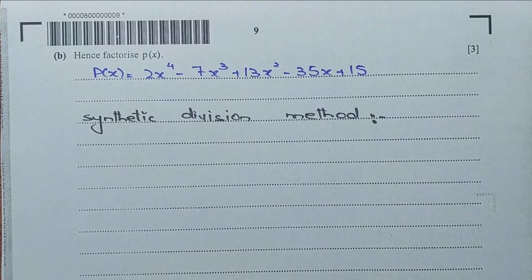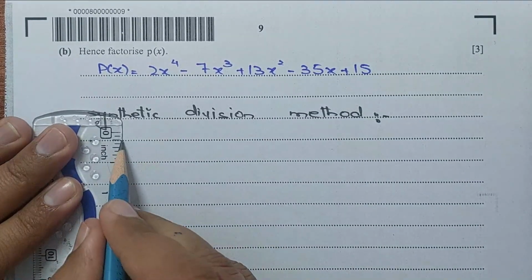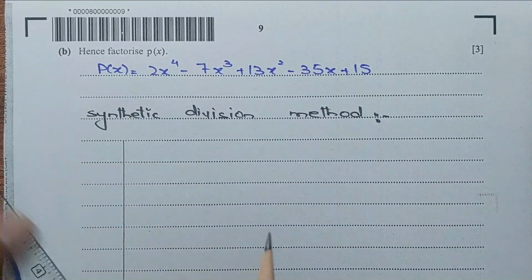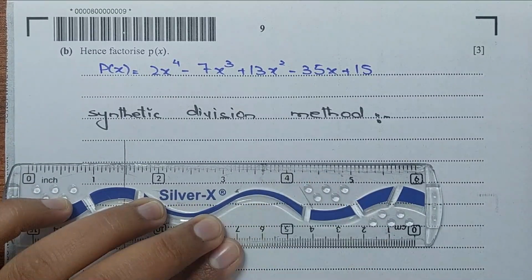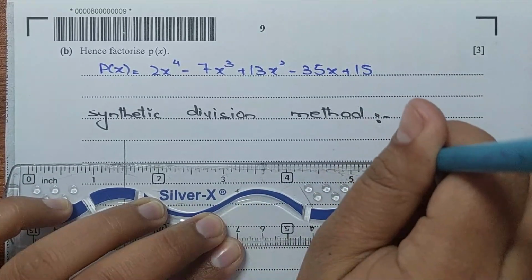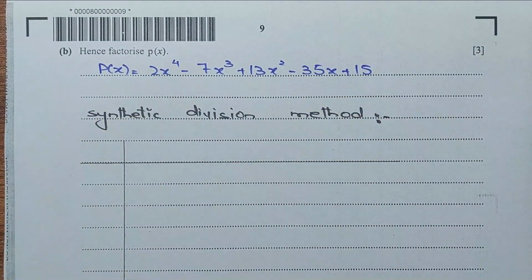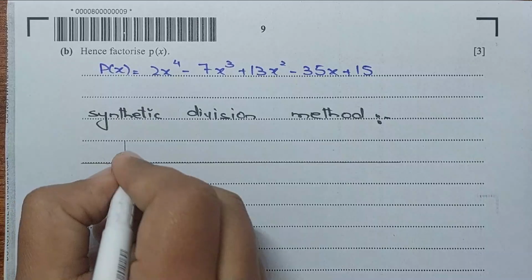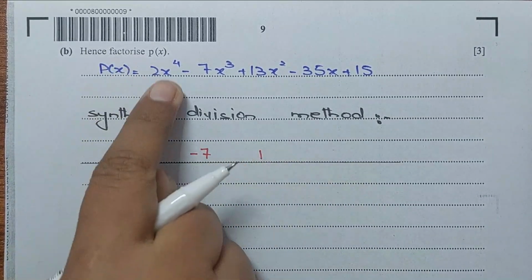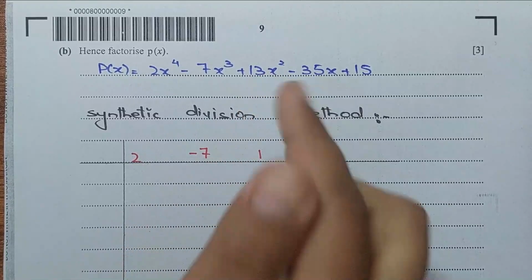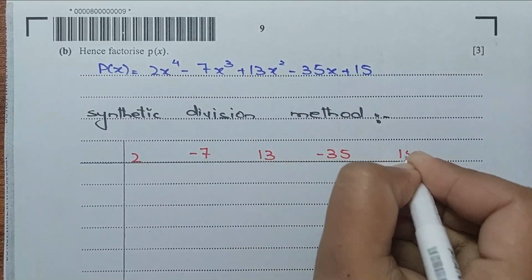So in the synthetic division method, the first step is to write down the coefficients: the x4 coefficient, x cube coefficient, x square coefficient, x coefficient, and the constant.